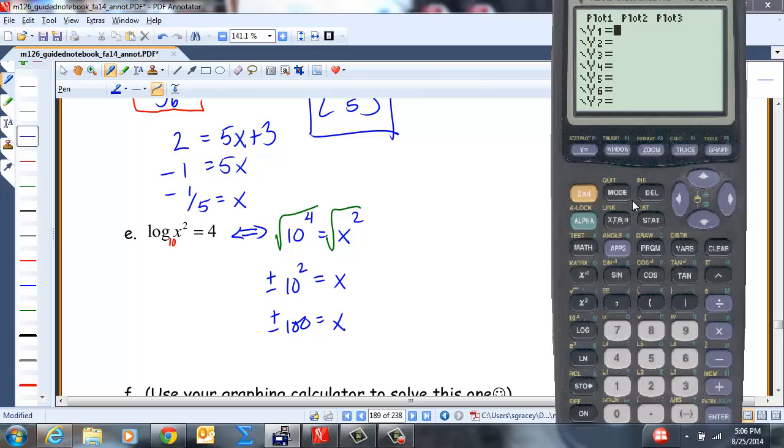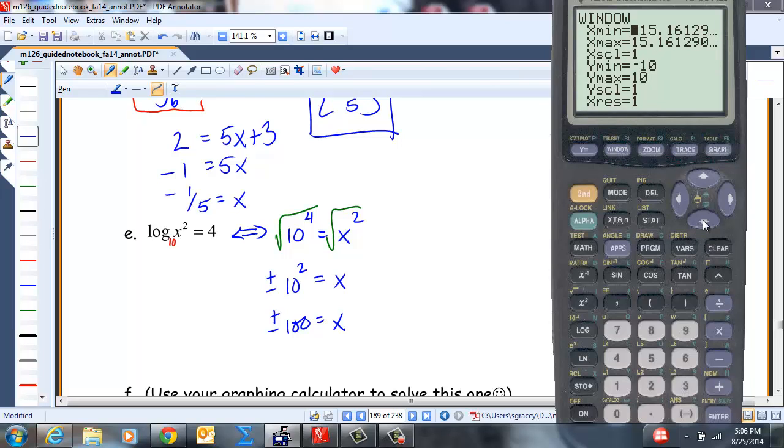So we had on one side log of x squared, and on the other side we had 4. And this one, remember, we have really big numbers. So this is kind of a cool graph. In order to figure out where they intersect, we're going to have to increase, because remember, we got plus or minus 100 for x.